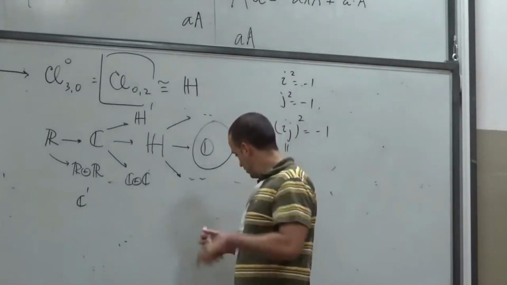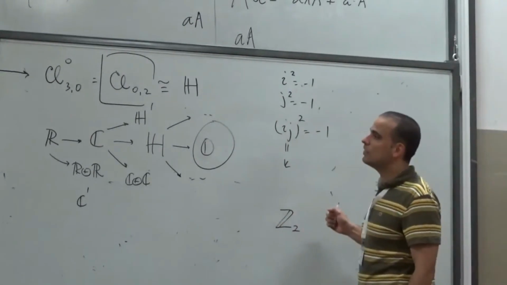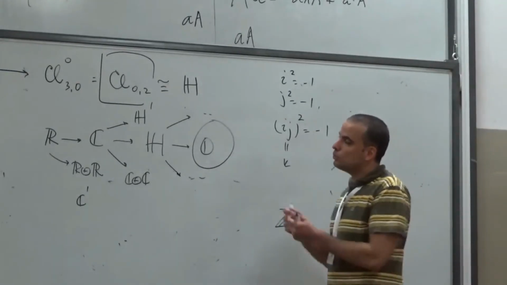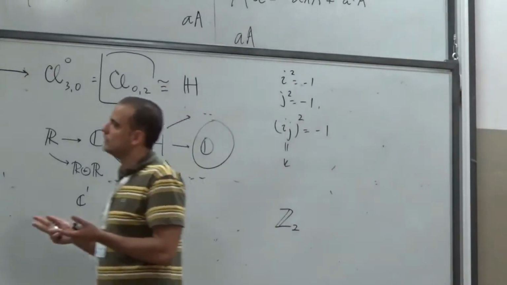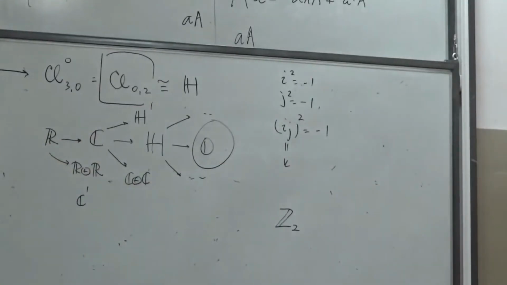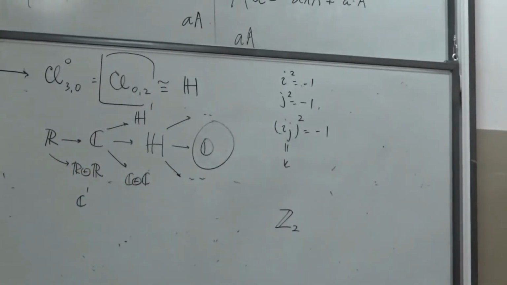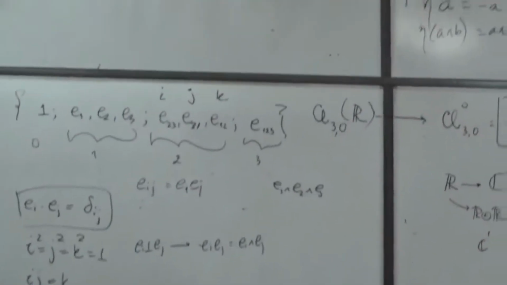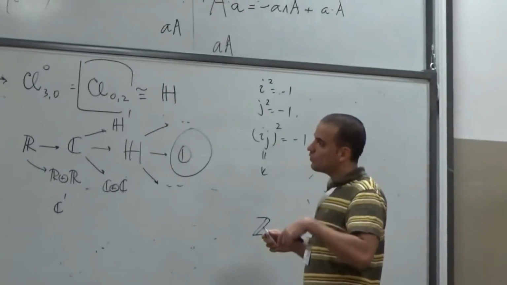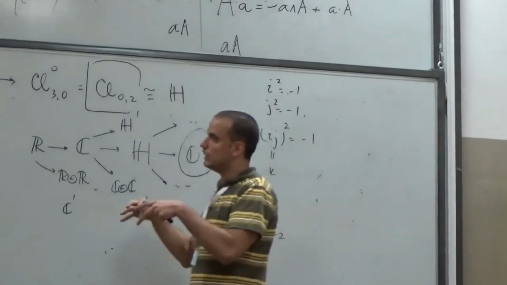Something is either even or odd. If you multiply two odd things, you get an even thing. So this is not a subalgebra, but for even elements, it is closed under the multiplication. So you have your quaternions embedded.